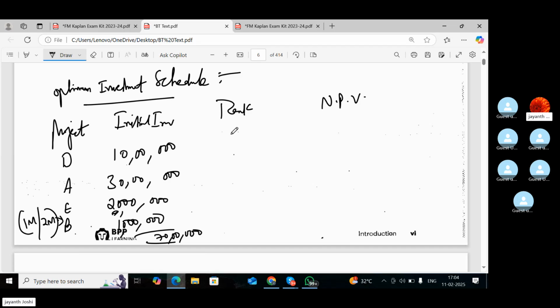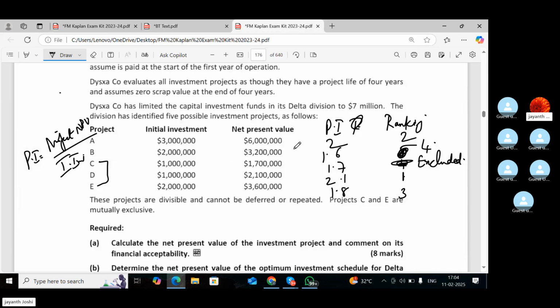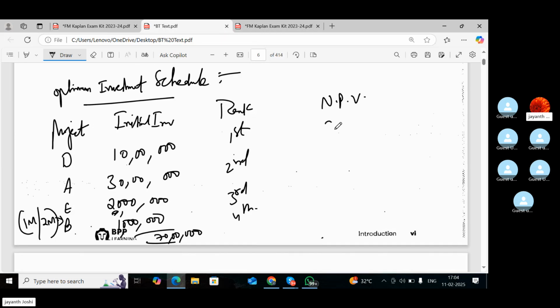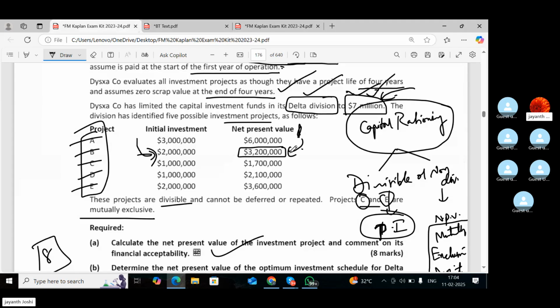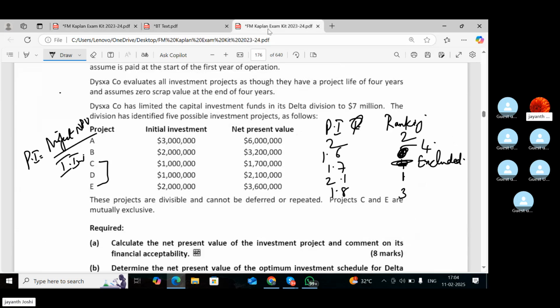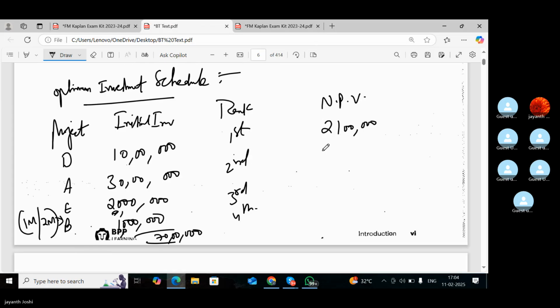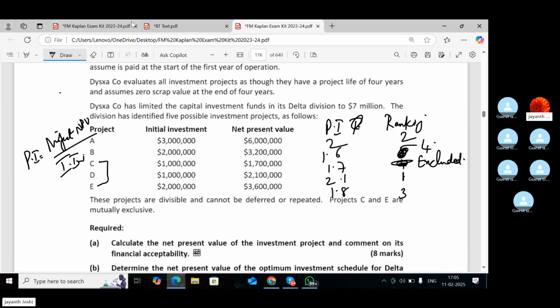Ranks: first rank, second rank, third rank, fourth rank. And NPVs, accordingly we will take all the NPVs. First rank, okay, 2.1 million. Second rank, 6 million. Third rank NPV 3.6 million.